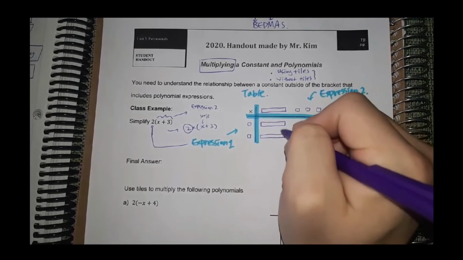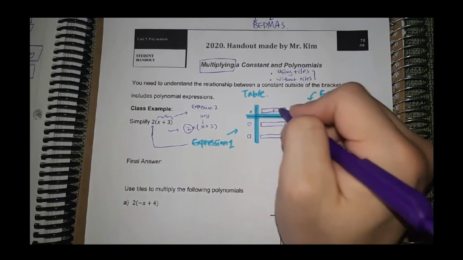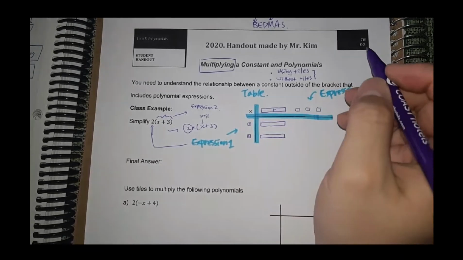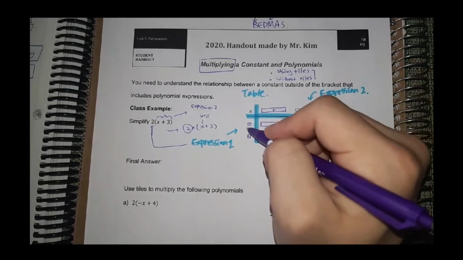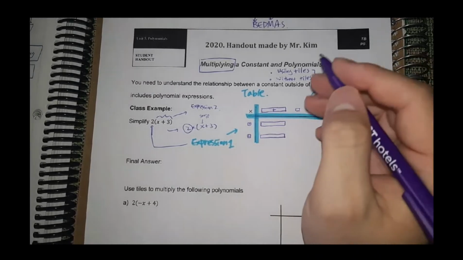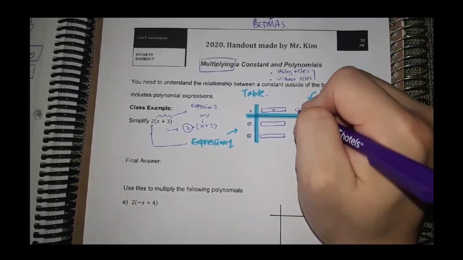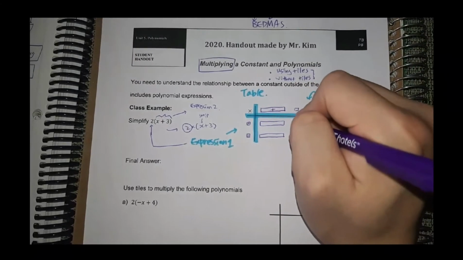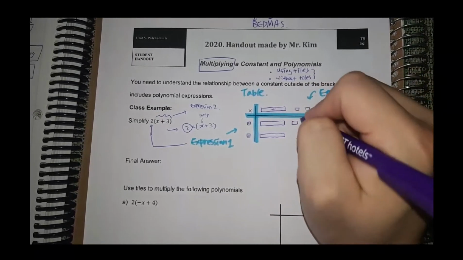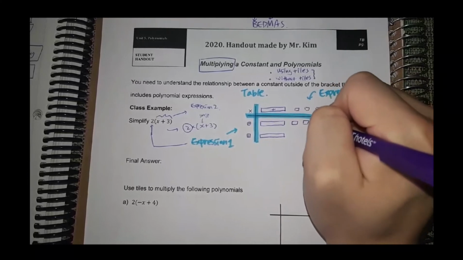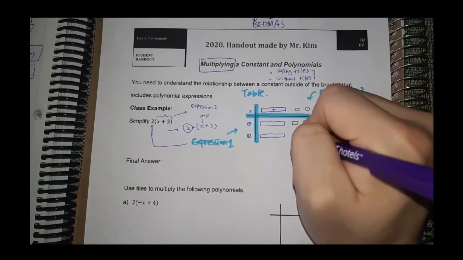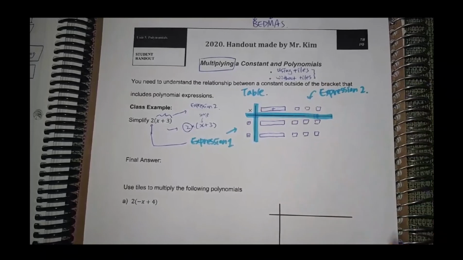I'm putting an empty one in here because if it's empty, that's positive, and positive times positive multiplication should give you a positive. Square and square make another same type of square, horizontally and vertically.